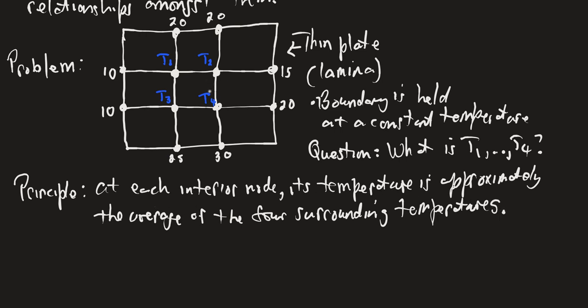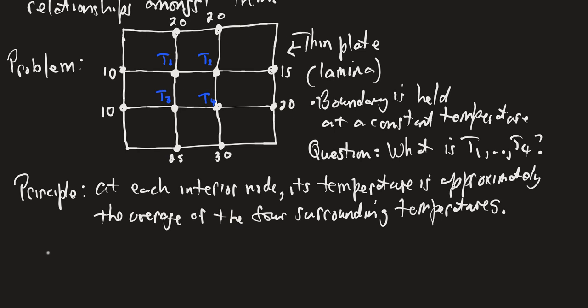So again, what that is saying is, for instance, if I want to approximate T1, what would I do? Well, I would take the average of 10, 20, T2, and T3, right? So the 4 surrounding temperatures of T1 are 10, 20, T2, and T3. Right?